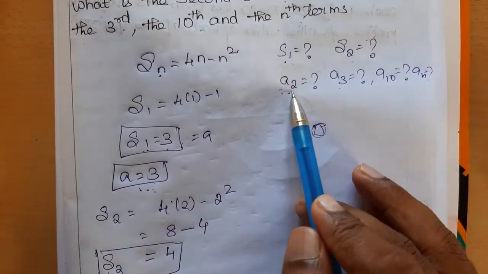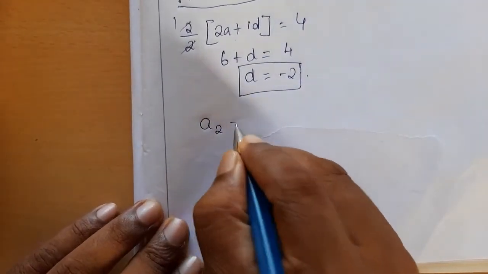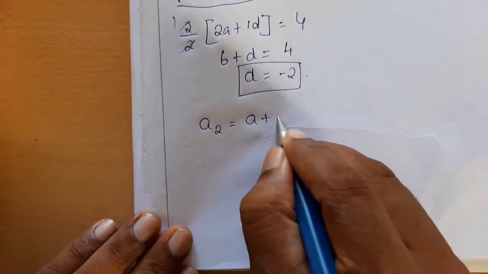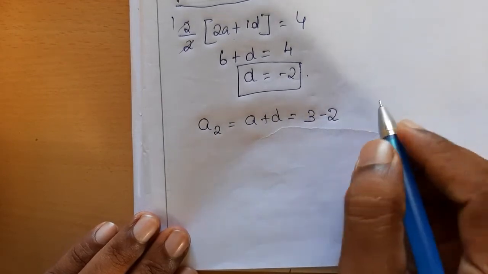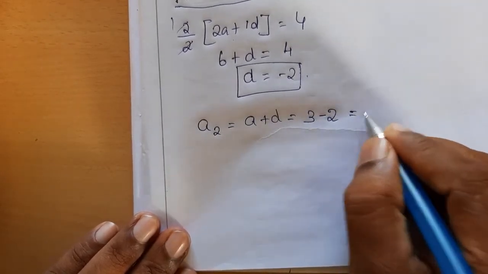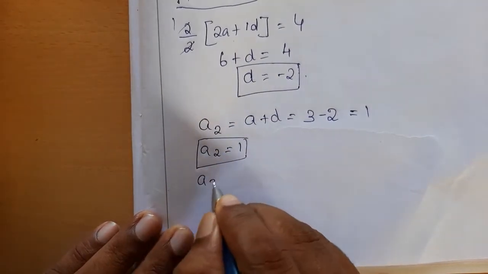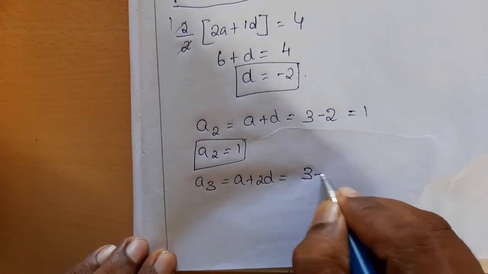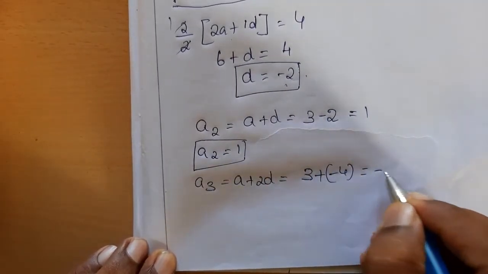So next we have to find A2, A3, A10 and An. So A2 is equal to a plus 1d, right? So a plus d. a we know is 3 and d is minus 2, which is equal to 1. So A2 is equal to 1. What about A3? A3 is equal to a plus 2d. So a is 3 plus 2d, d is minus 2, so minus 4. 3 minus 4 is equal to minus 1.